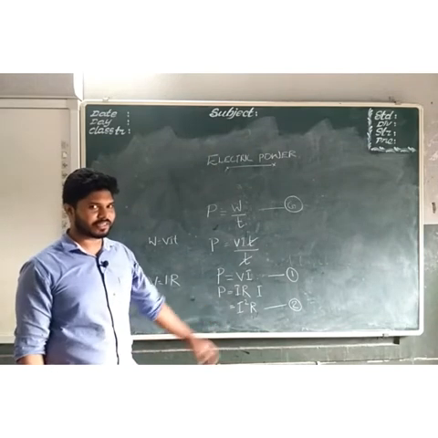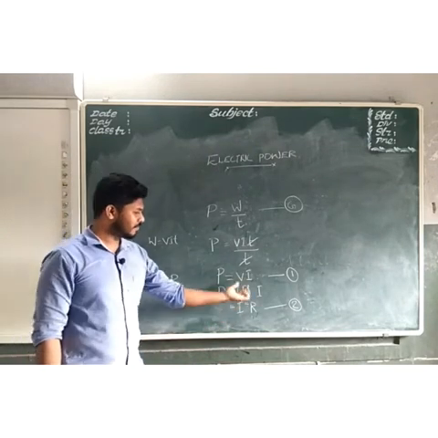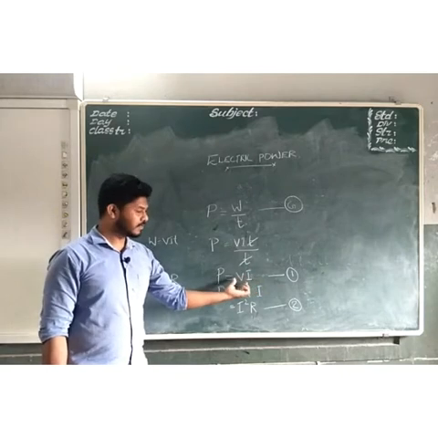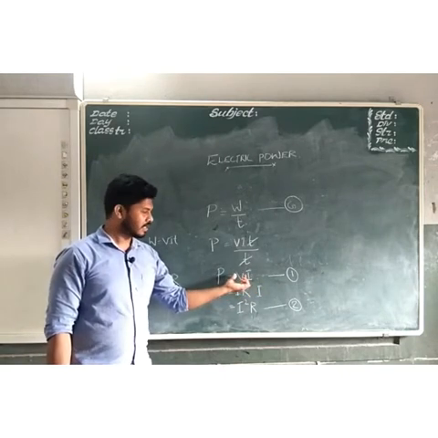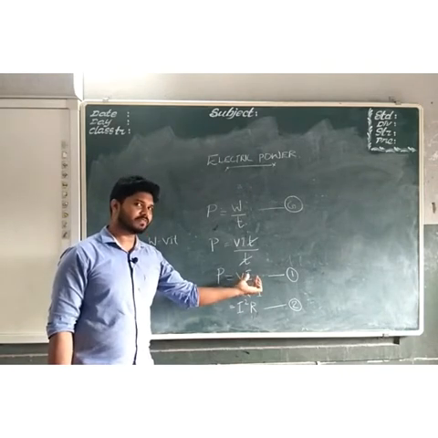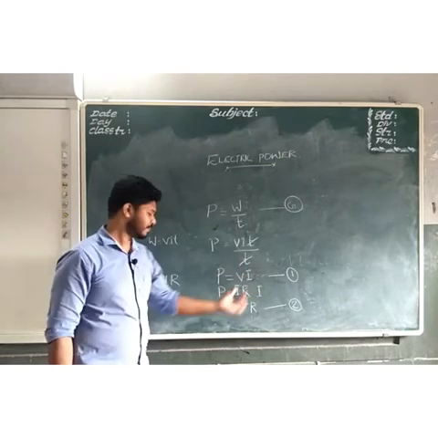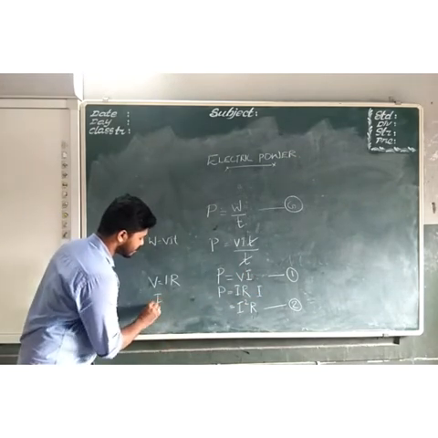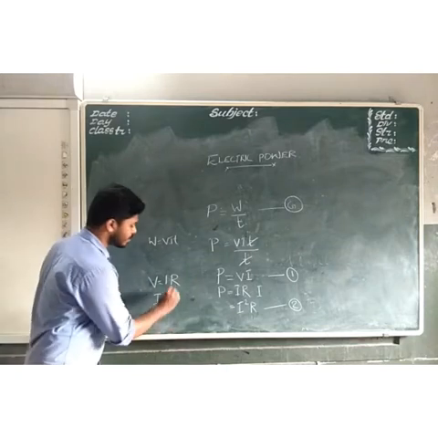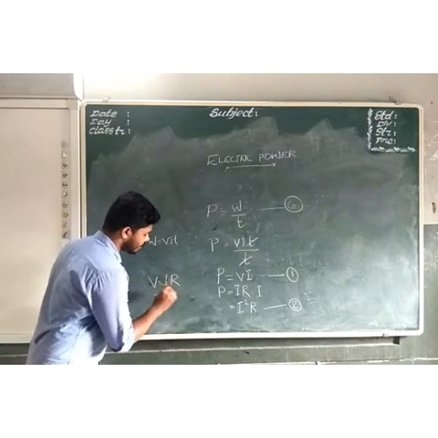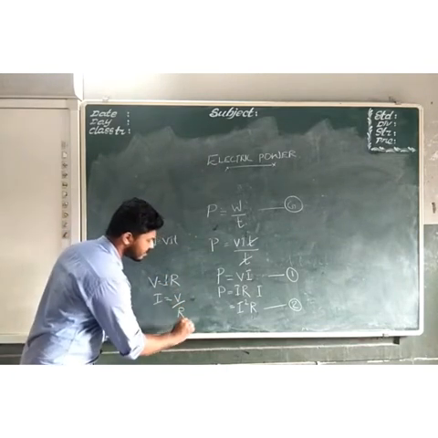Now going to the third equation. Here we substituted for V. What happens when we substitute for I? What is the equation for I? I equal to V by R, isn't it?